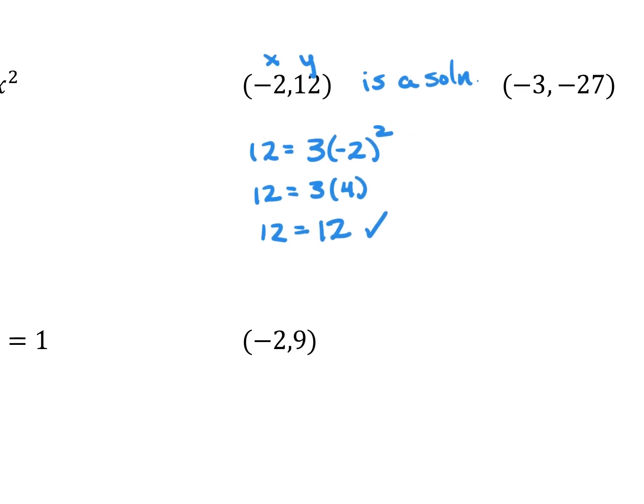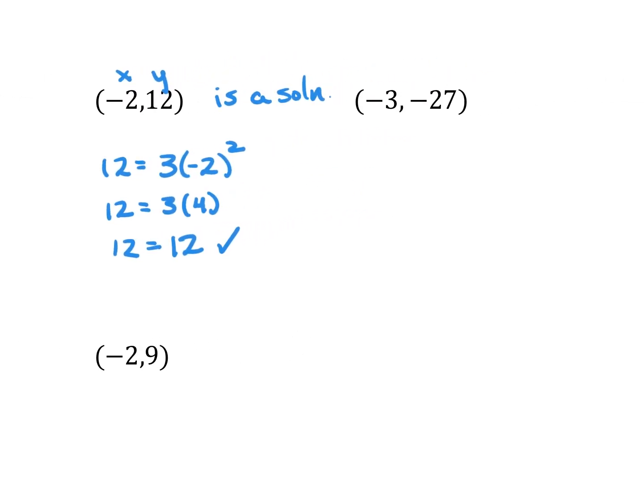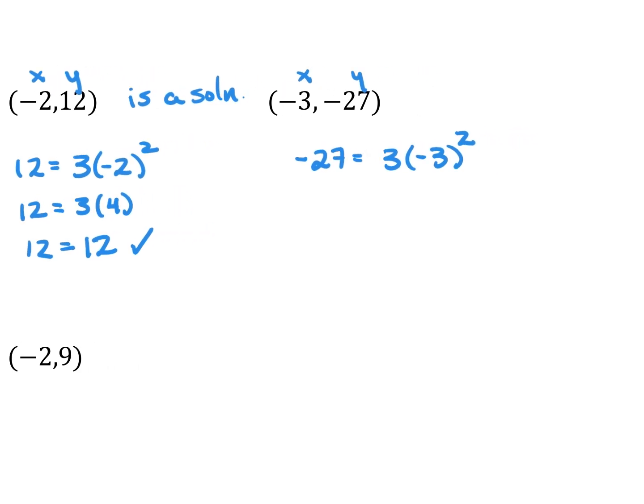All right, last one, we have (-3, -27). And so if we plug this in, we get -27 equals 3 times (-3) squared. All right, if we simplify, left side is done.